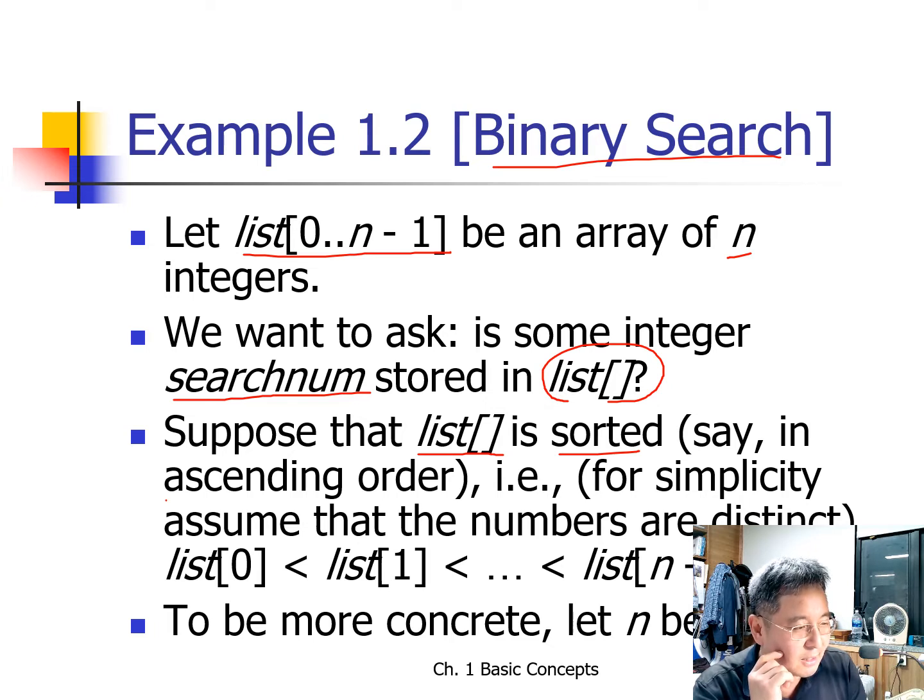For example, if it is sorted in ascending order and every data item is distinct, then list 0 is the smallest, and list 1 is larger than list 0. In this way, list n minus 1 is the last one, the largest. And n may be 5. There are 5 data items in this example.